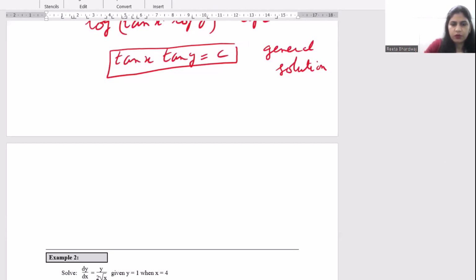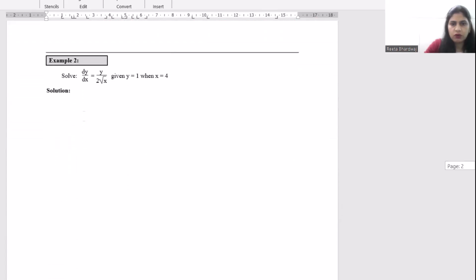Here we have to solve dy by dx is equal to y upon 2 root x, and it is given that y is equal to 1 when x is equal to 4. So in this question, after finding the general solution, we have to find the particular solution also, because these conditions are given. Let's start with the general solution first.